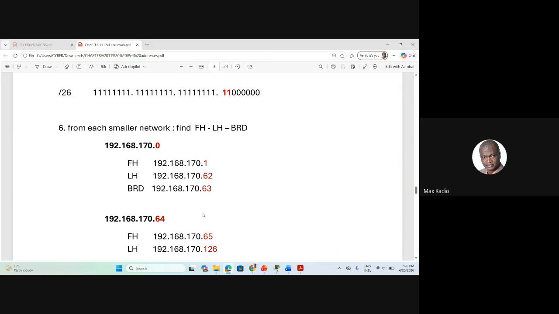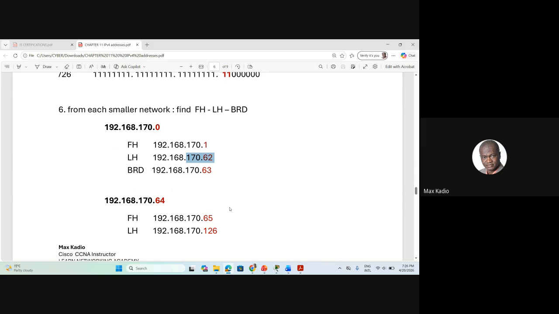You see, it means in this network, if you need to assign IP addresses to PCs, let's say this is the marketing office, you can start from .1 until .62. So .1, .2, .3, until 62. So this is how it is.